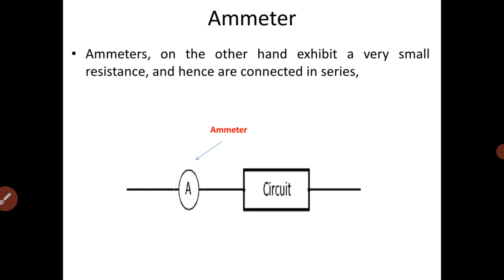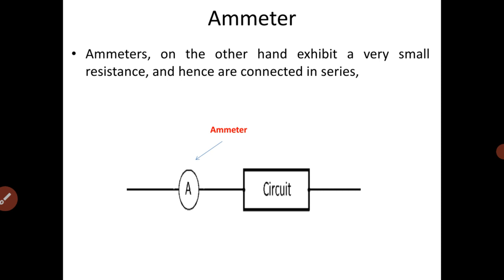Now if it is connected in series, then there will be no current. If instead of an ammeter we connect the voltmeter, there will be no current. Hence it is connected in parallel to the load across which the potential difference is to be measured.